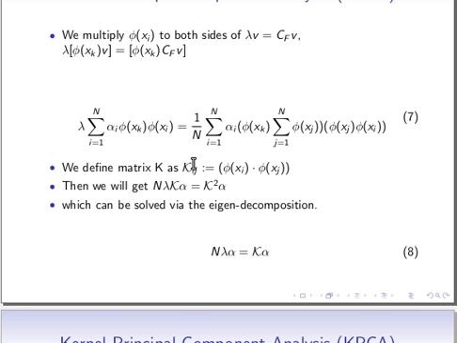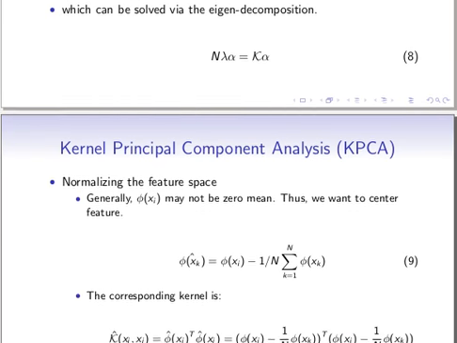And after eliminating this K, we can get the new eigen decomposition with the kernel function. We can get n times lambda alpha is equal to K alpha. So in this slide, we just get this new eigen decomposition equation that is integrated with the kernel function. Okay, this is a good proof.